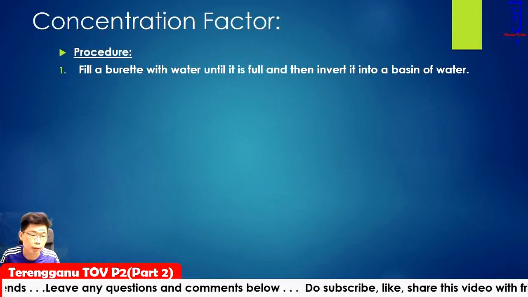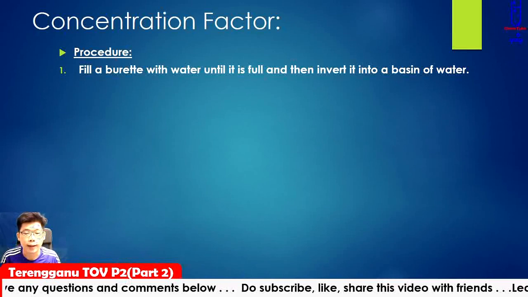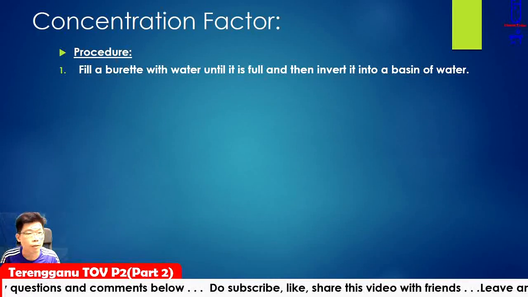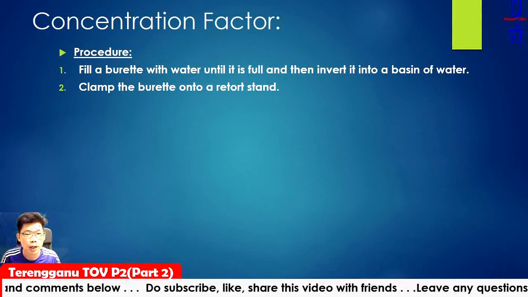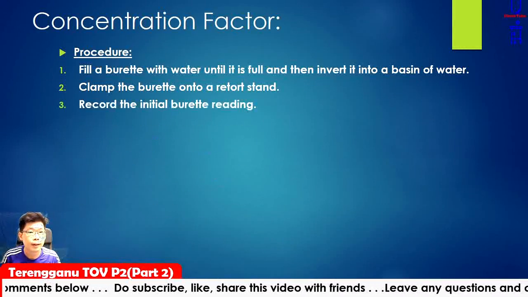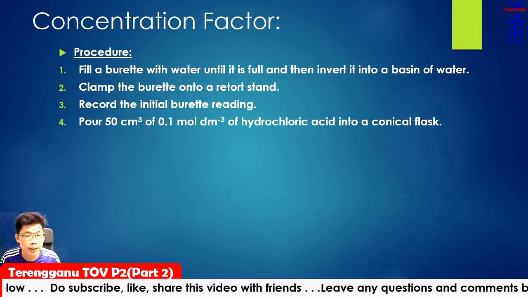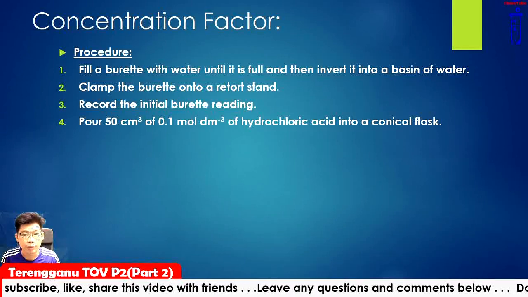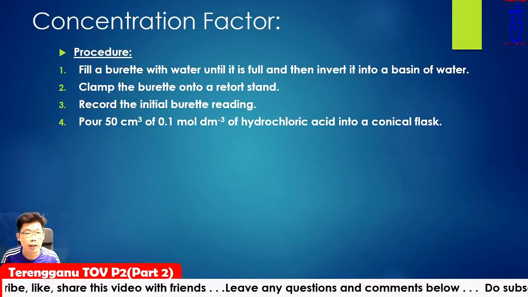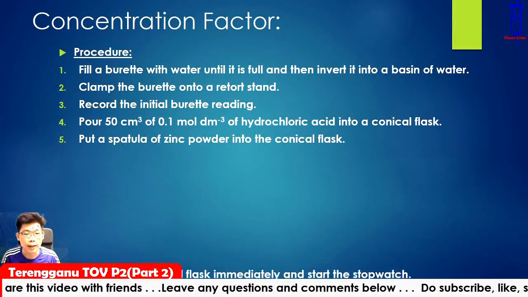First will be the same. Fill a burette with the water until it is full and then invert it into a basin of water. Clamp the burette on a retort stand. Record the initial burette reading. Then pour 50 cubic centimeter of 0.1 mole per cubic decimeter of hydrochloric acid in a conical flask. Then put a spatula of zinc powder into the conical flask.